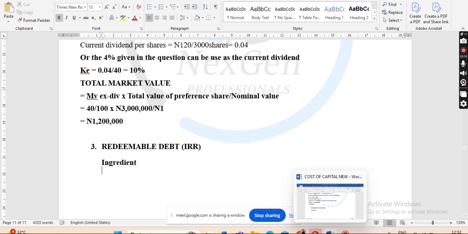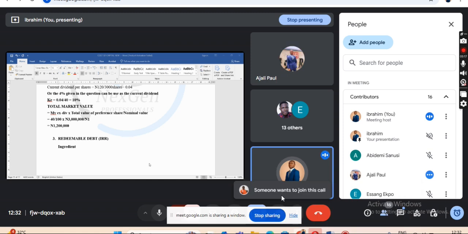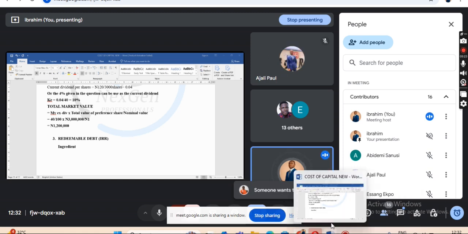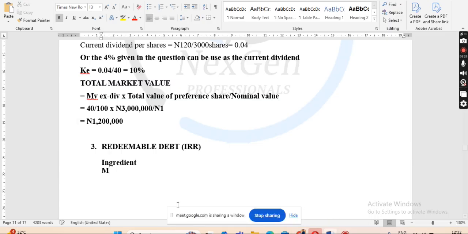You can see these are the things you will need to look for in your question, right? Now, one, you look for the market value ex-interest for the redeemable debt, right? Two, what is the interest rate?